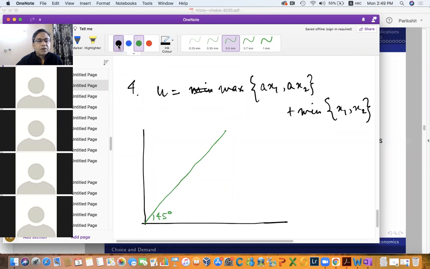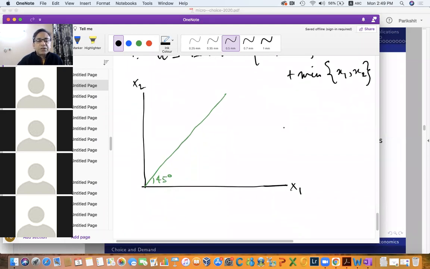So above the 45-degree line, I'll break down the utility function into a piecewise linear form. I mean, it is piecewise linear. So I'll write what the utility is if we are above the 45-degree line. Above the 45-degree line means x1 is less than or equal to x2.